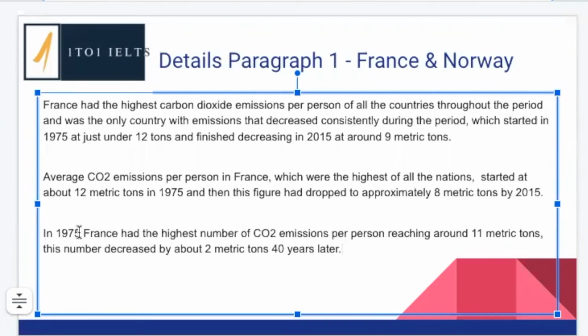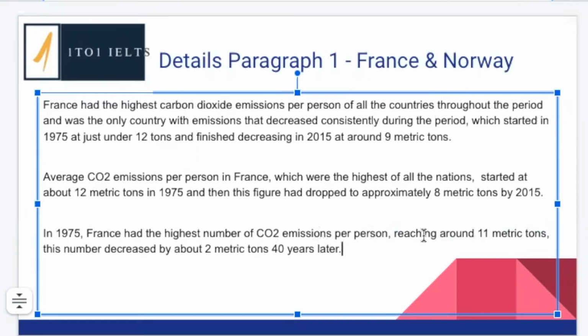So in 1975, remember, if you start a sentence with a prepositional phrase, you need a comma after it. In 1975, France had the highest number of CO2 emissions per person. Good. When we give these additional clauses, which start with gerunds, put a comma. So in 1975, France had the highest number of CO2 emissions per person, reaching around 11 metric tons.